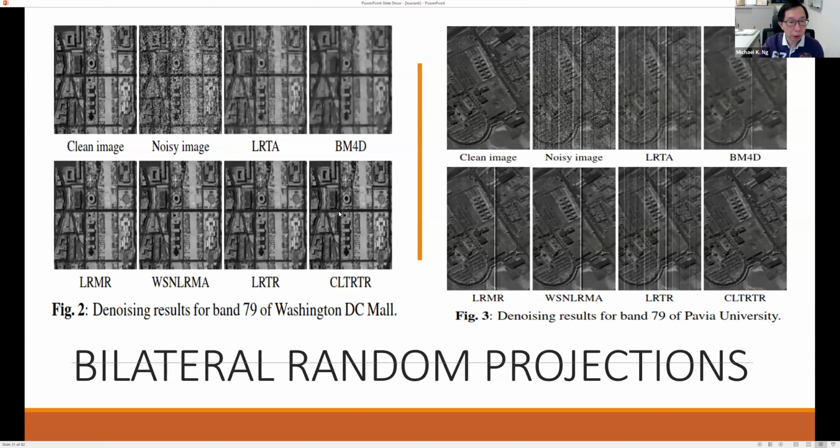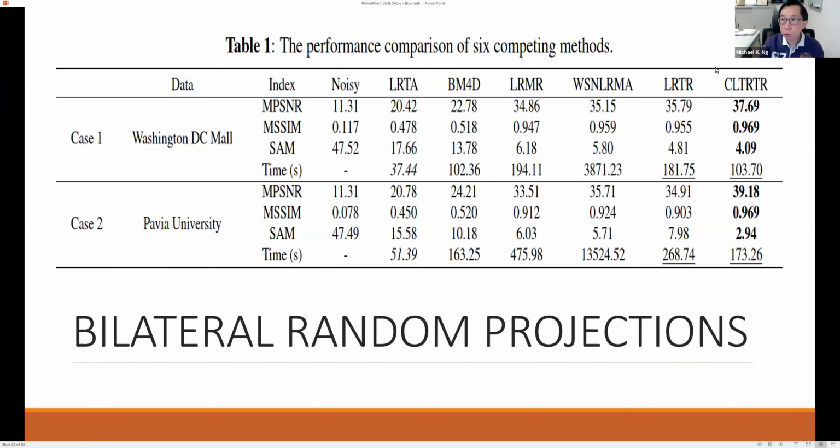So visually, you see that we can recover much better by our method. But here, we only work using the random projection. So you see that in terms of PSNR and another measure, we are quite good.